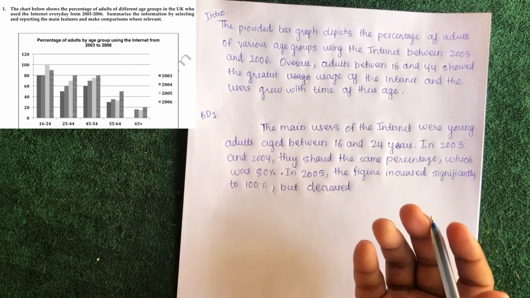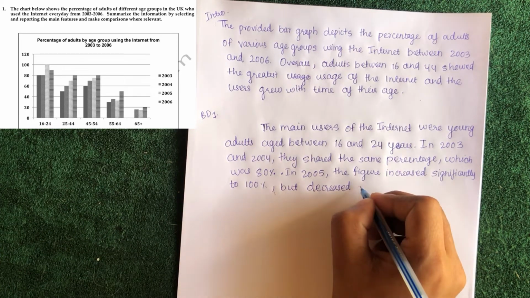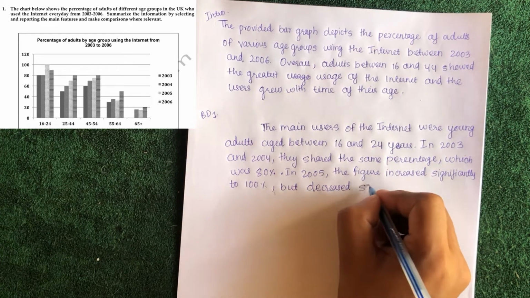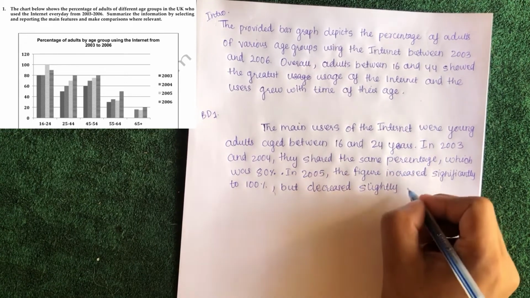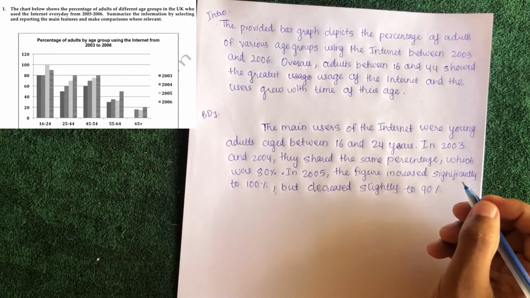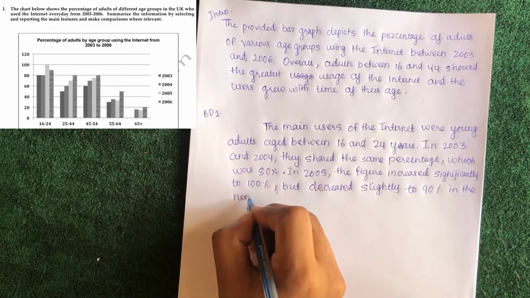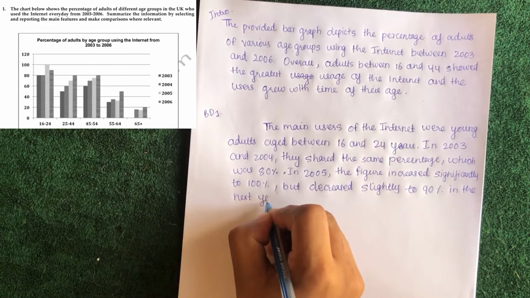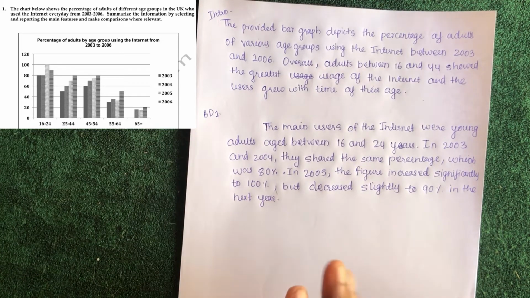But later on it decreased, right, in the 16 to 24 age group. Okay, but decrease slightly. Decrease slightly to 90%. Which year? In the next year, isn't it? Okay, all right, you learned.